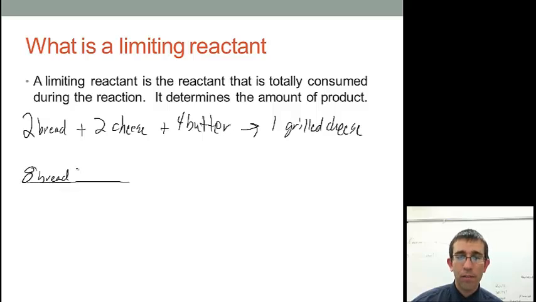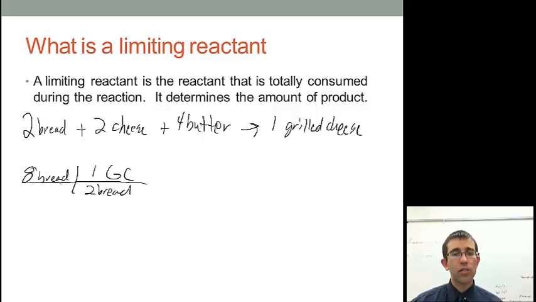Well, we know that I need 2 pieces of bread to make 1 grilled cheese sandwich. So in our lovely flim chart, if I multiply 8 times 1 divided by 2, we know I can make 4 grilled cheese sandwiches. Now, what's going to run out?